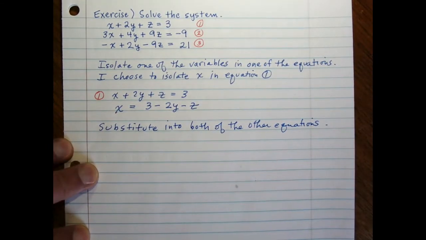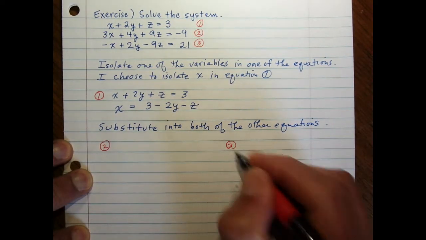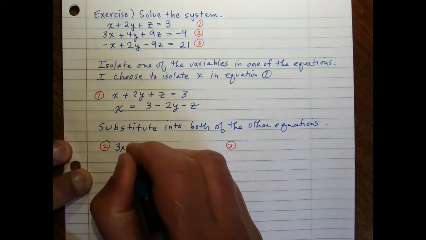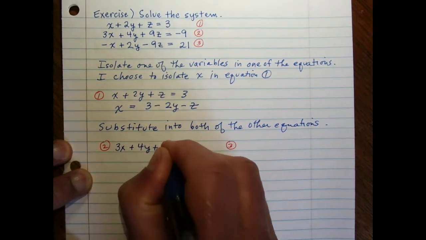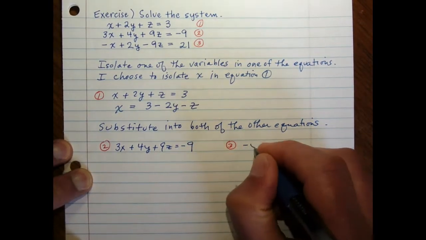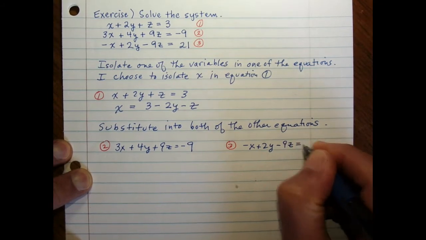So I'm going to take both equation 2 and equation 3. So equation 2 is 3x plus 4y plus 9z equals negative 9. Equation 3, negative x plus 2y minus 9z equals 21.